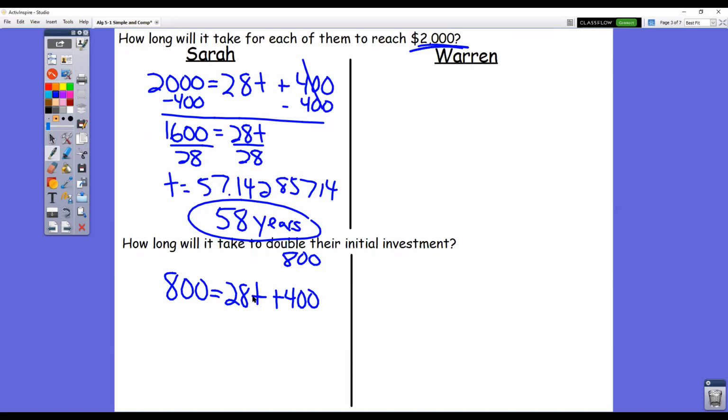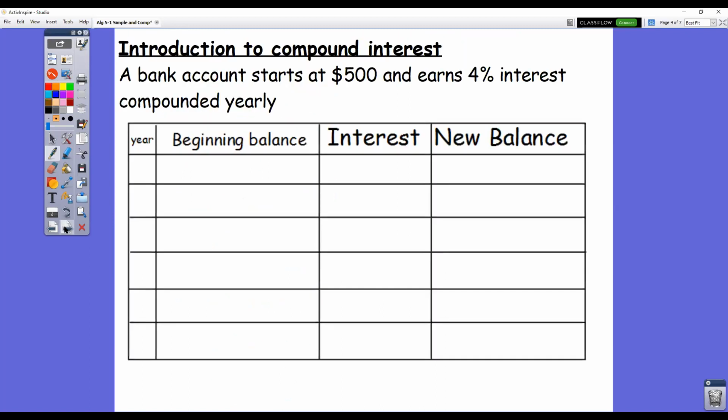When you solve that, you end up with t equals 14.2857, and so on. So at the end of 14 years, or the 15th year, that's when it would equal 800. So that's what simple interest is.